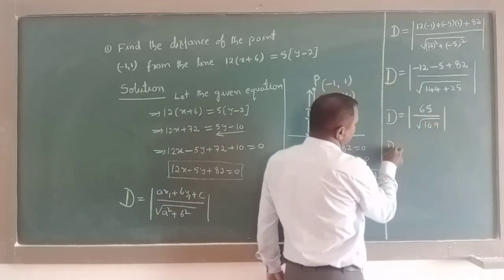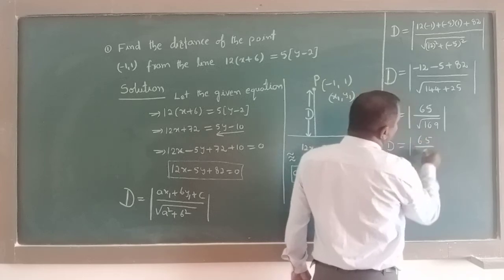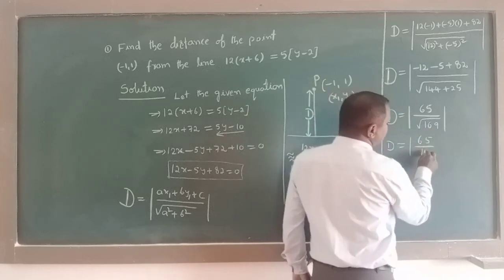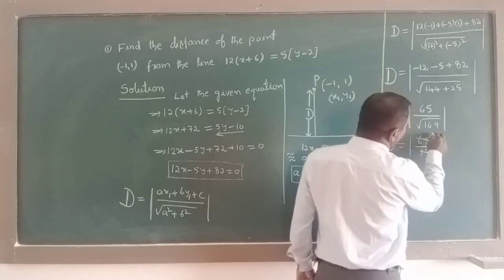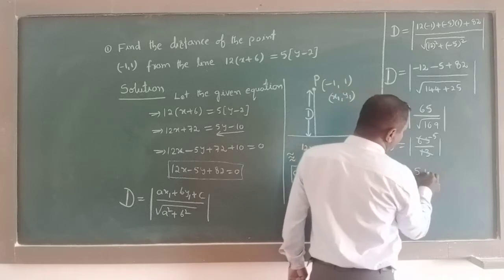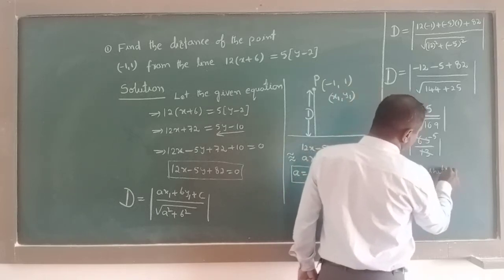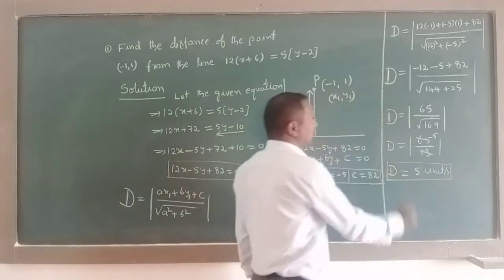That is D is equal to 65 divided by square root of 169, which becomes 13. On cancellation, 13 fives are 65. Therefore D is equal to 5 units. It is the length of the perpendicular.